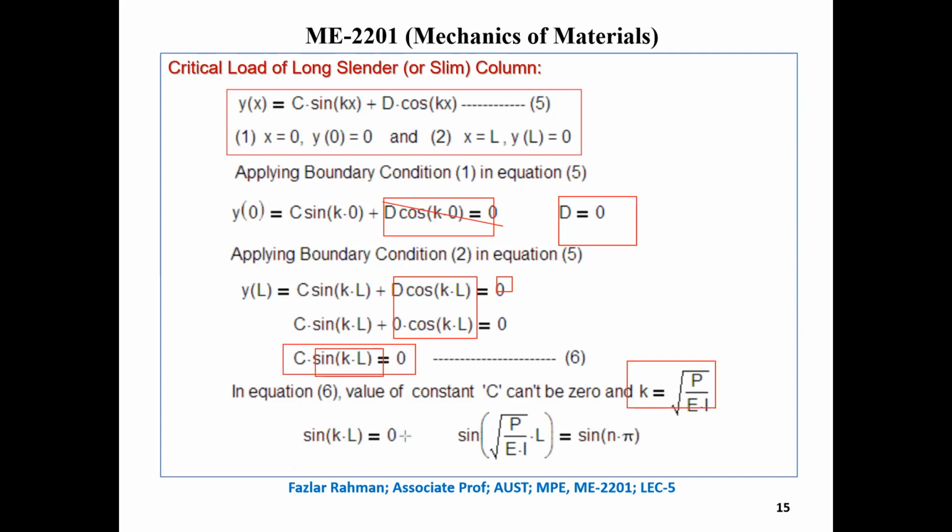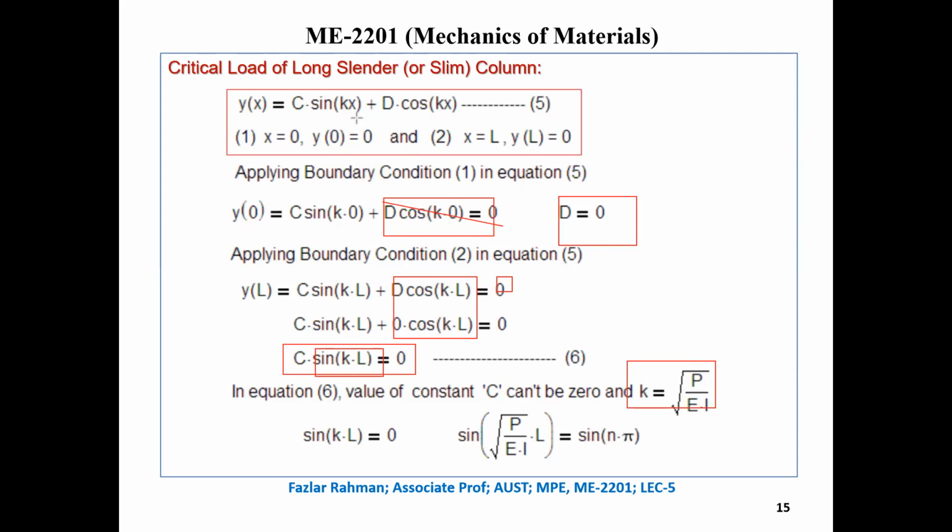Now, when can the sin value be 0? Sin 0 degree is 0, right? Sin 180 is also 0. Then sin 360 is also 0, if you increase at the rate of 180. But if you put n equal to 0, then sin 0 equal to 0.